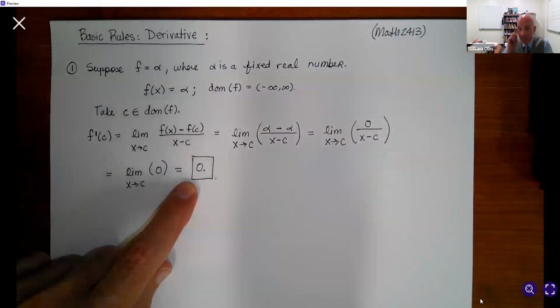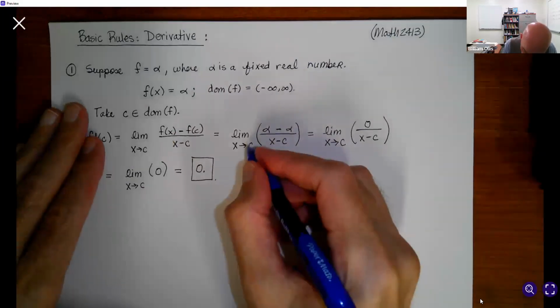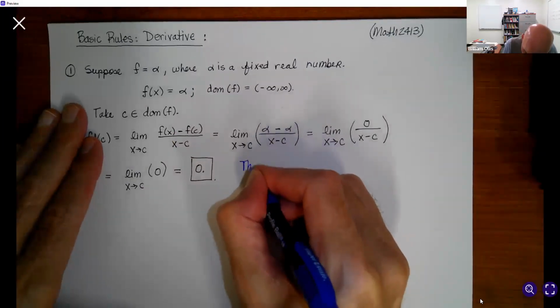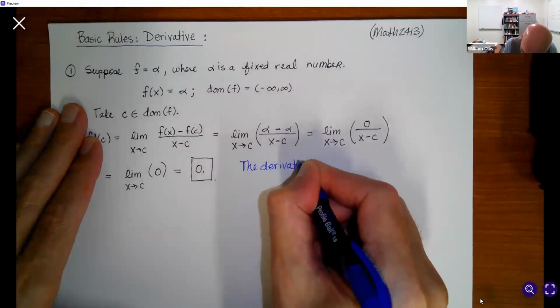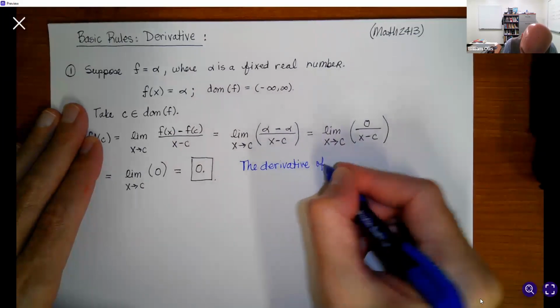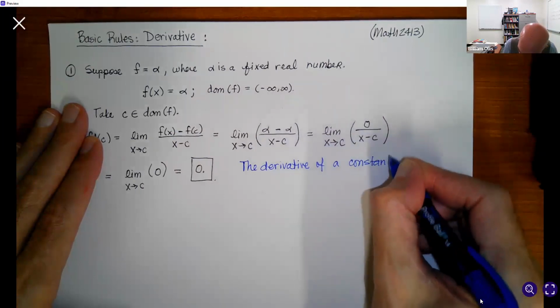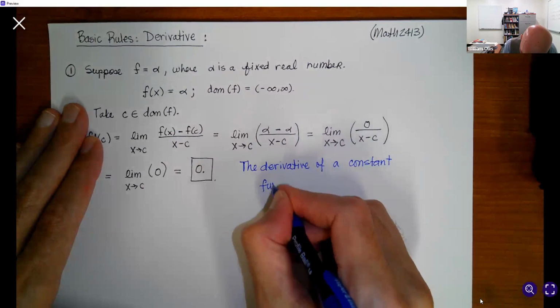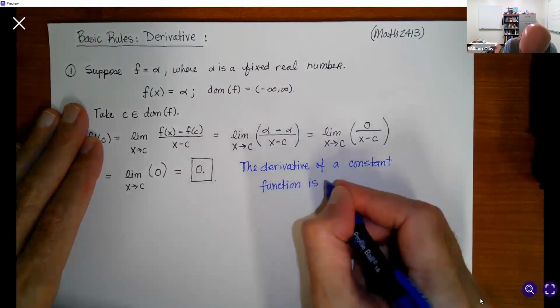So now we can say, and I'll just write this down, the derivative of a constant function is 0.